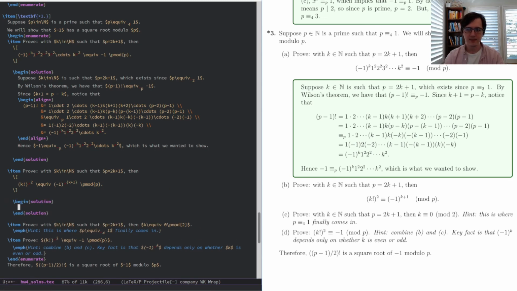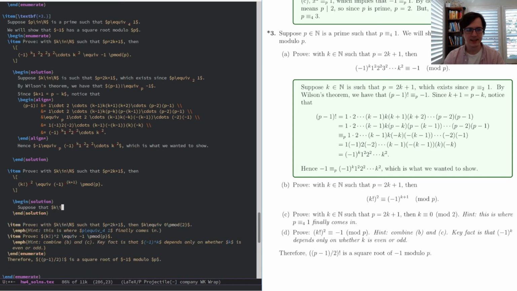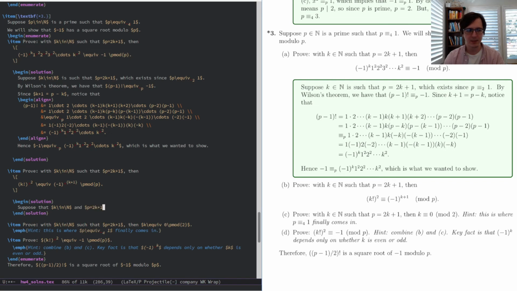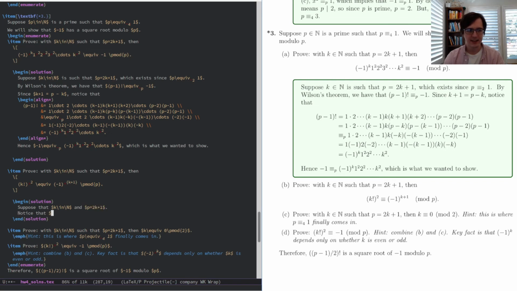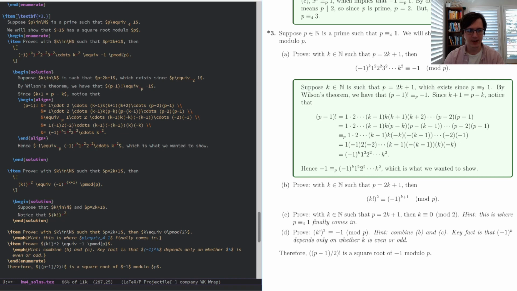So this next problem is actually just what we did already. Suppose that k is in the natural numbers and p equals 2k plus 1. Notice that k factorial squared is 1 squared, 2 squared, all the way up to k squared.